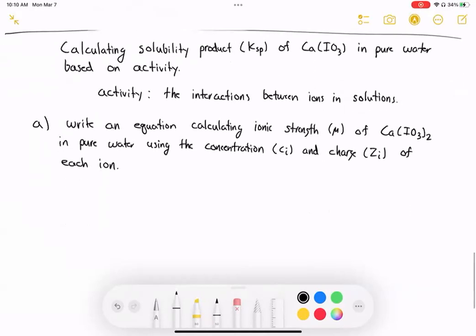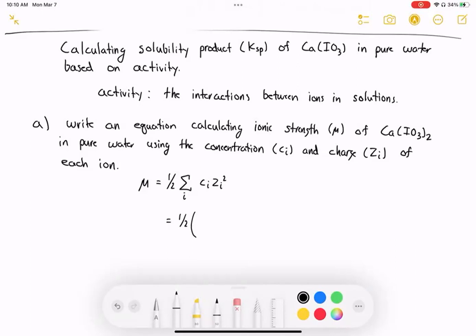So our calculation is mu equals the summation sign of, so we're going to take 1/2. Let me just redraw that. 1/2 the summation sign here, i, or is where we start, Ci times Zi squared. So in our example, it'll be 1/2 times, the calcium ion, we're going to do the calcium ion here.